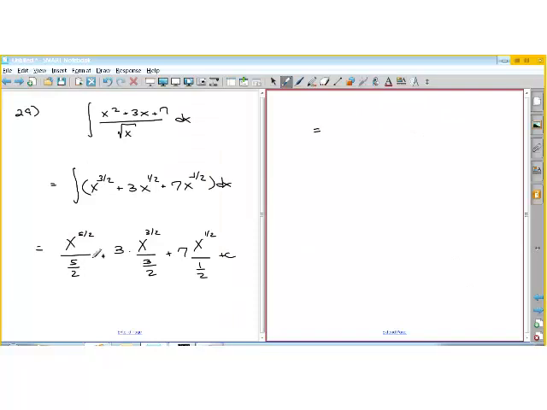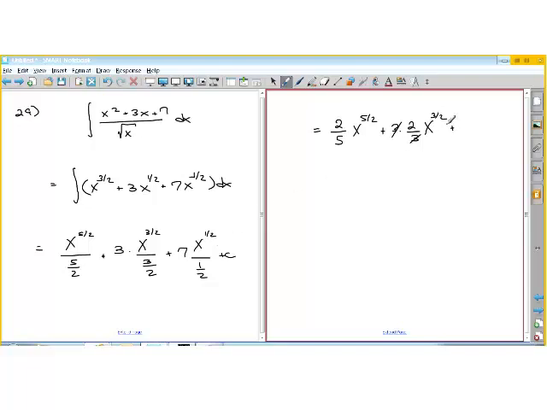So we take the reciprocal of 5/2, which is 2/5, and we have that. And then we take the reciprocal of 2/3, 3/2, which is 2/3. So we'll get 3 times 2/3, where those cancel out, and you get x to the 3/2. And then we have plus that.